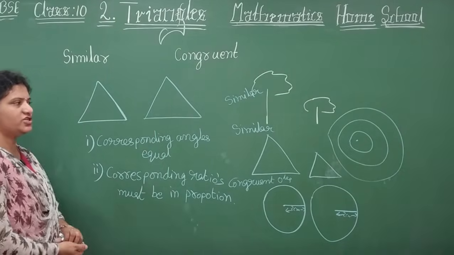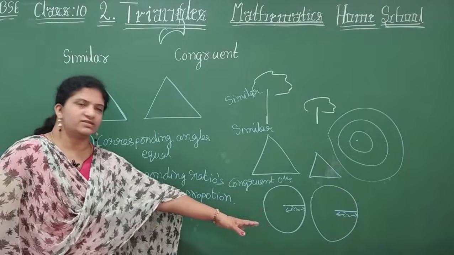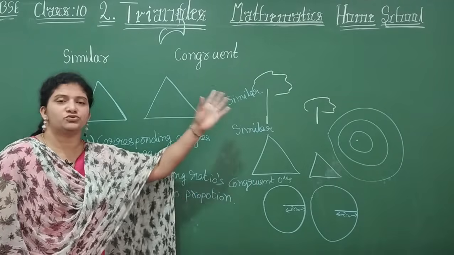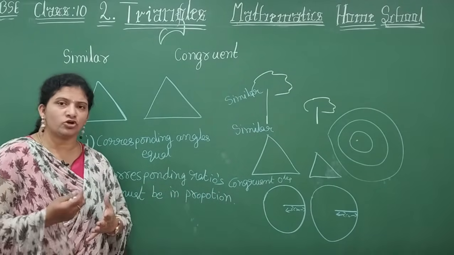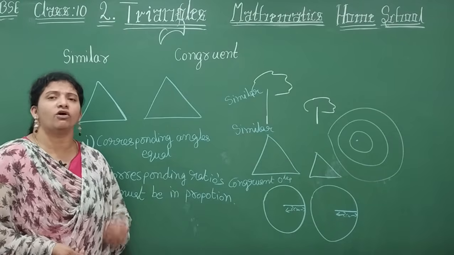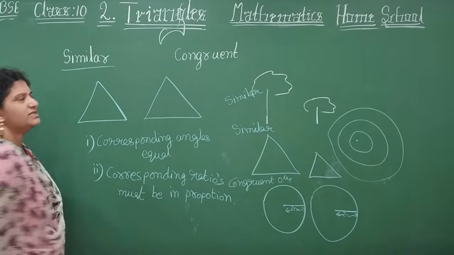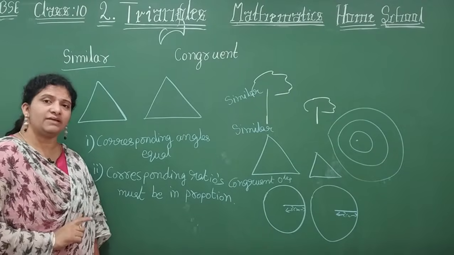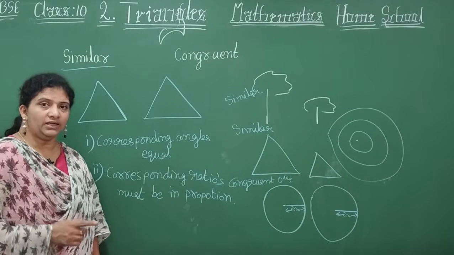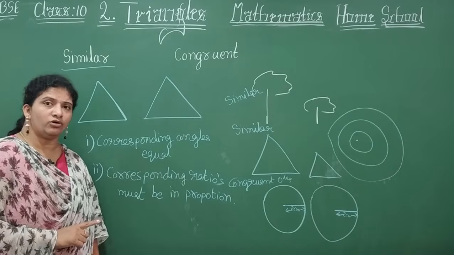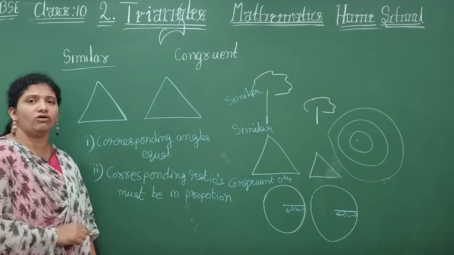Observe here, children: two circles we have seen, two triangles, two trees, two chalk pieces, two colors. These are all examples of what? These are all examples of similar. But whether they are congruent or not, how can we prove that they are congruent?